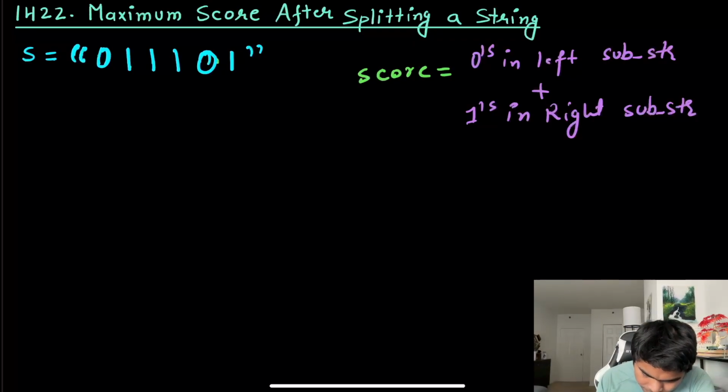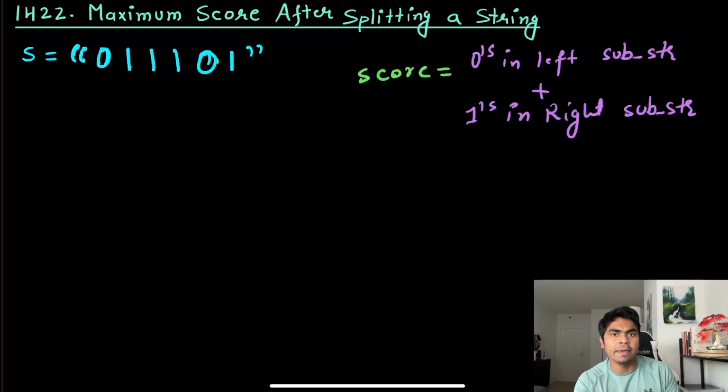What we can actually do is, instead of counting zeros and ones again and again, at the end of the day they are going to remain the same, right? At any index, the number of zeros seen so far will remain the same. So let's just count the number of either of them. Let's say we count the number of ones.